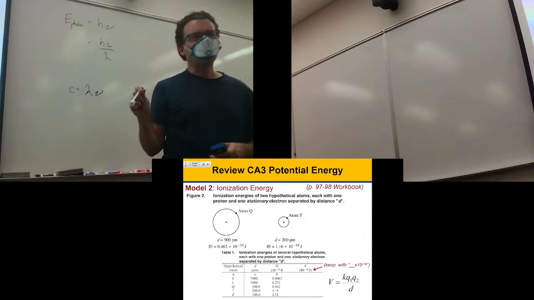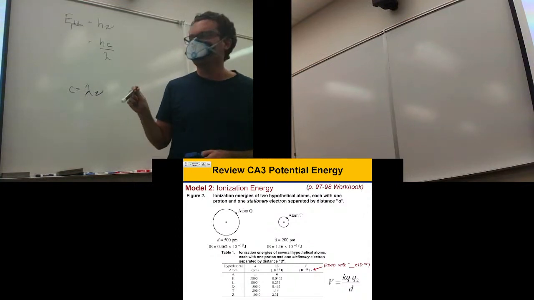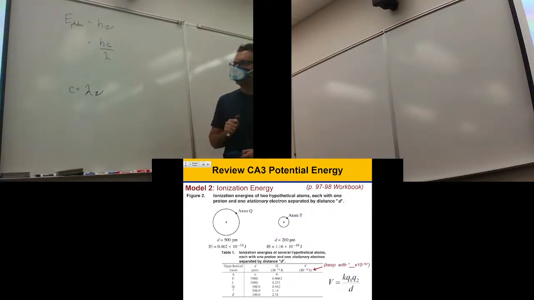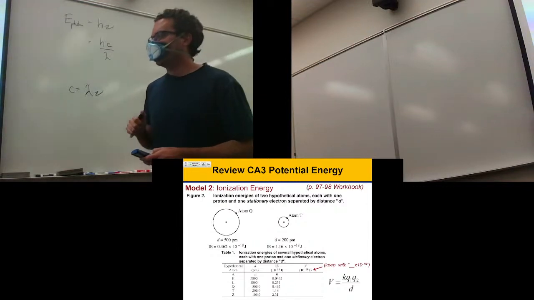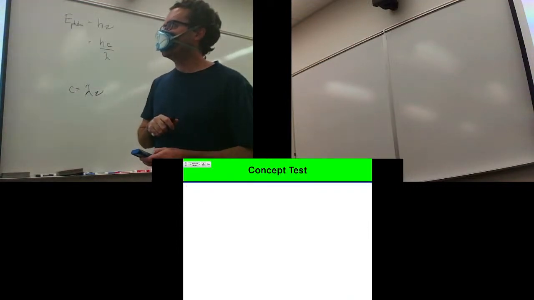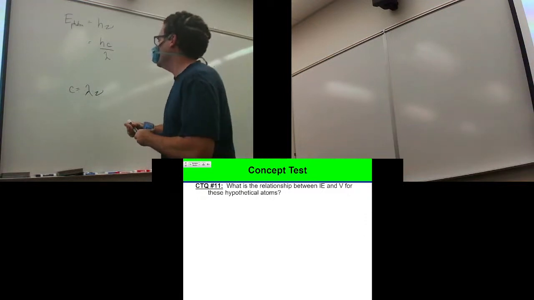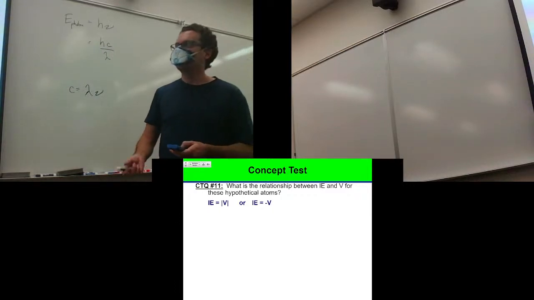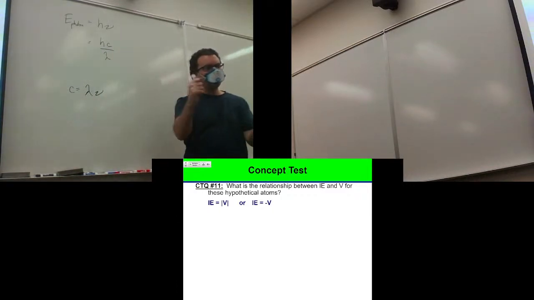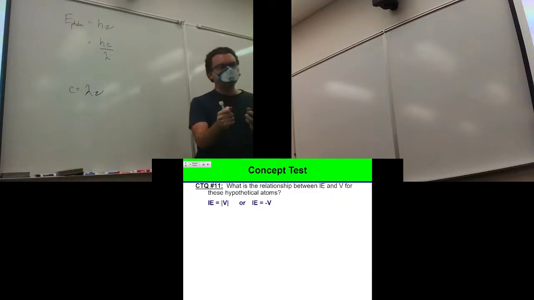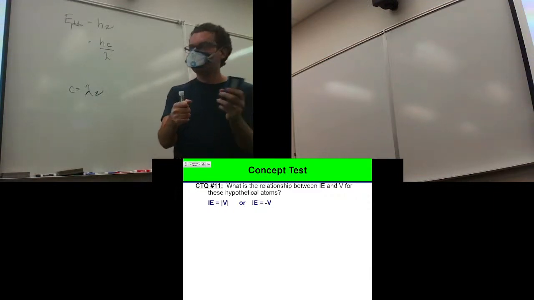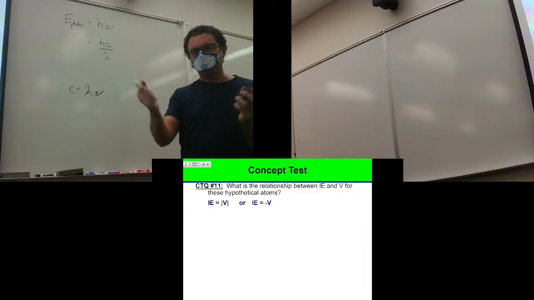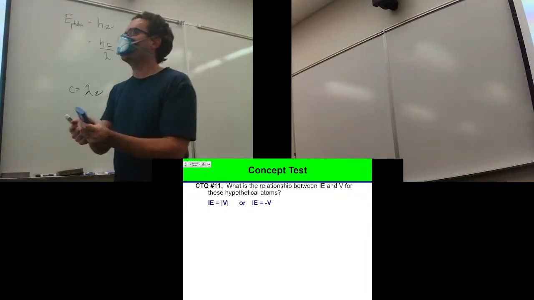Did we do this last week? We did. Okay. So we did the ionization energy thing. And that's right, we found out that the relationship between the ionization energy and the potential energy was that they were opposite. So you have an attraction between an electron and the nucleus, which is positively charged because of all the protons, and that attraction creates a negative potential energy.